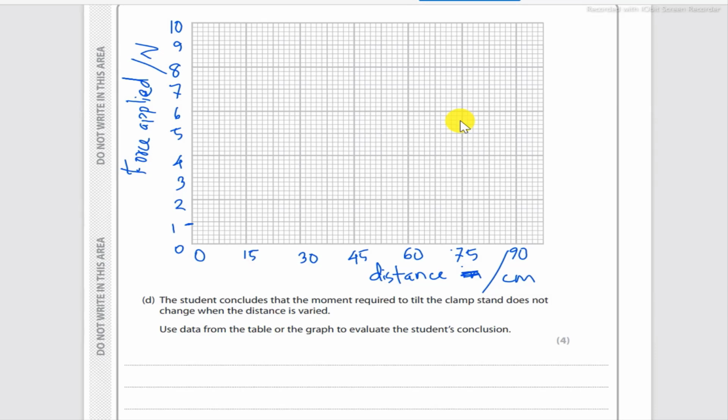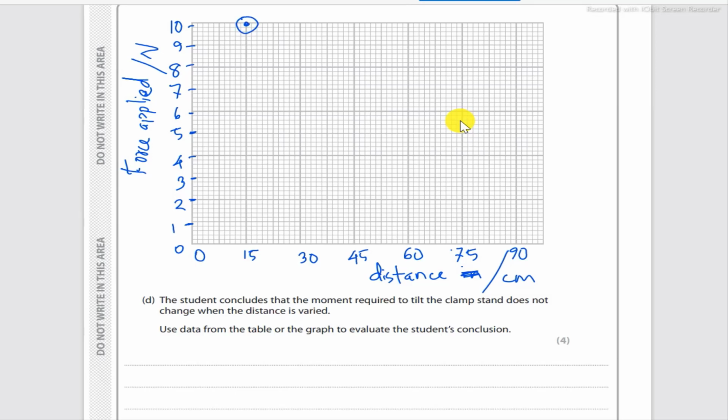So when the distance is 15, the force is 10.